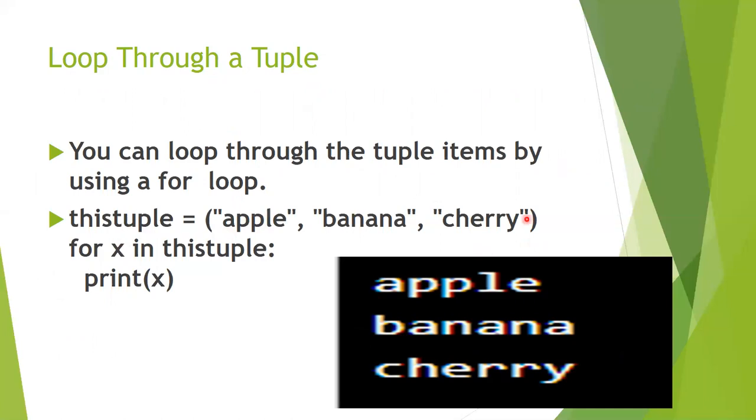So we can use a for loop for this. For x in thistuple, x is a member of this tuple. x is a member of this tuple means x belongs to apple, x belongs to banana, x belongs to cherry. Now if we print x, it will print apple, banana and cherry.